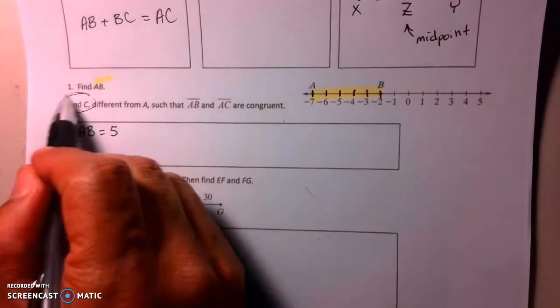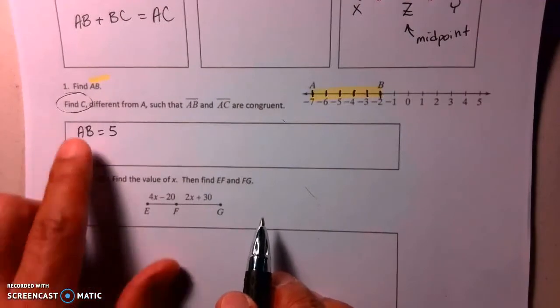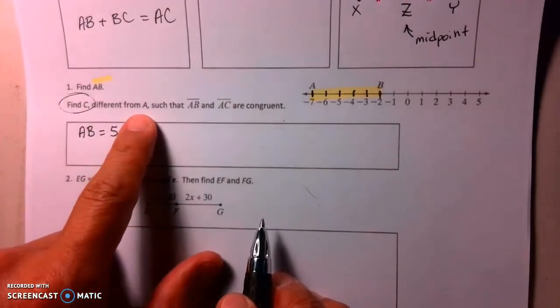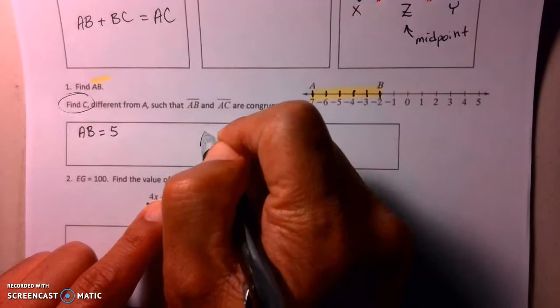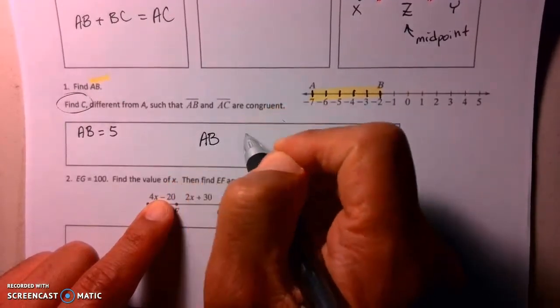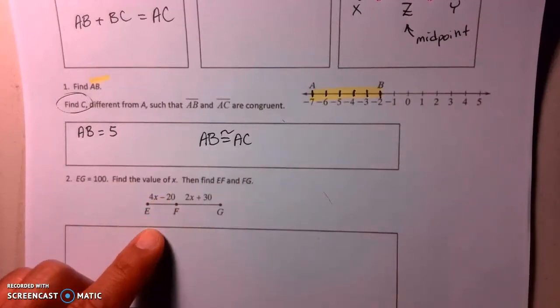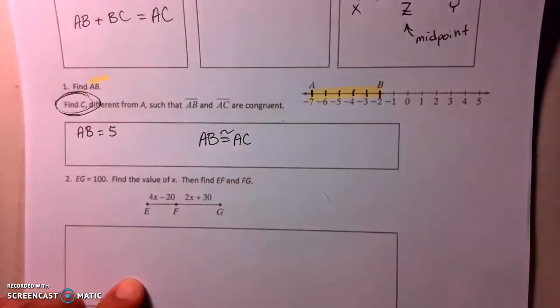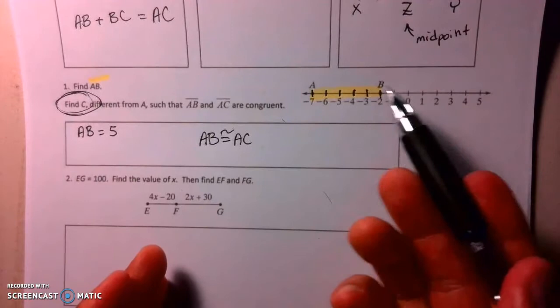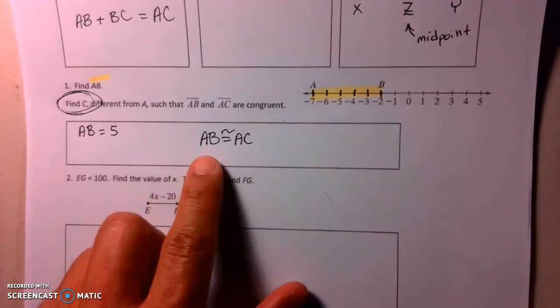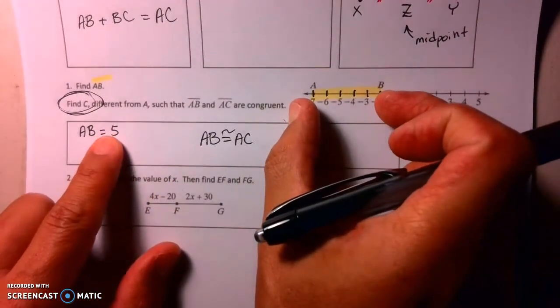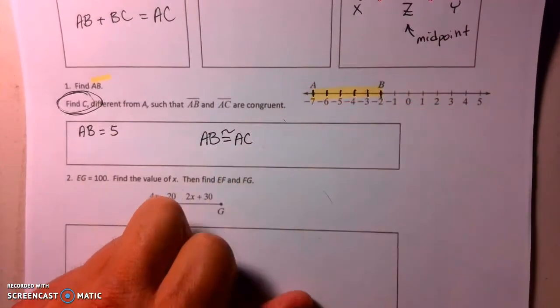Second part. Find point C different from A such that AB and AC are congruent. So where on this number line would I plot point C? Is it positive 2? Is it negative 5? Well, I want the length of AB, which is 5, to be the same length as AC.